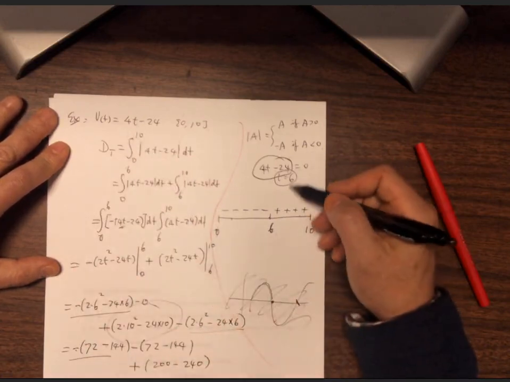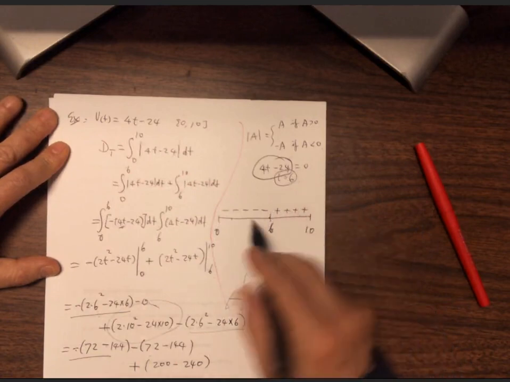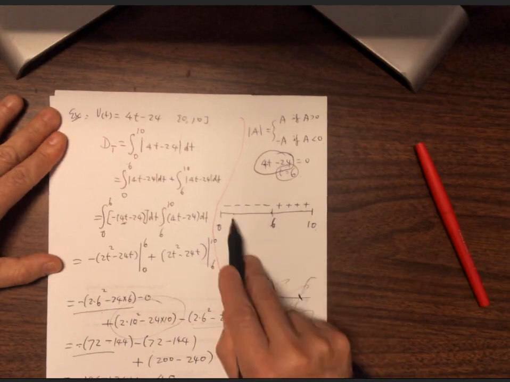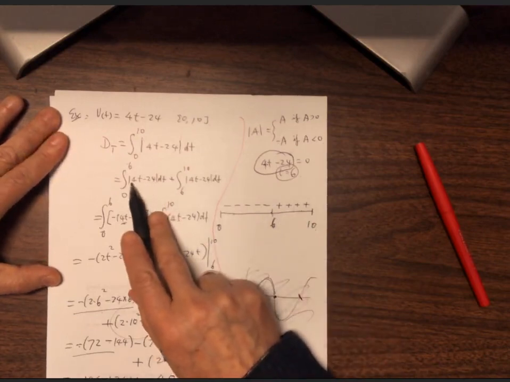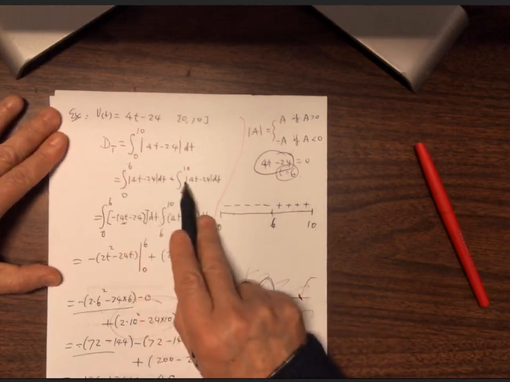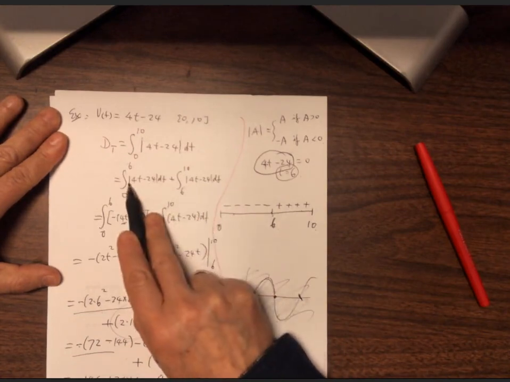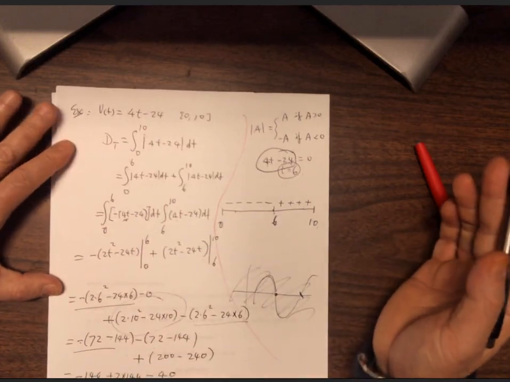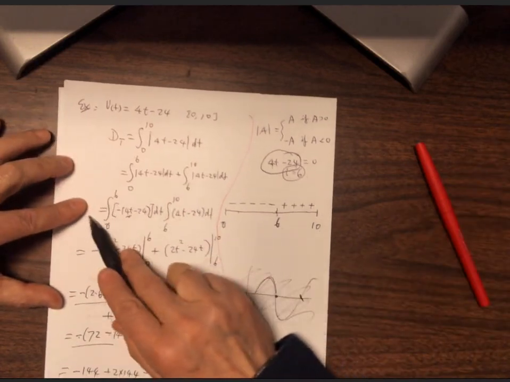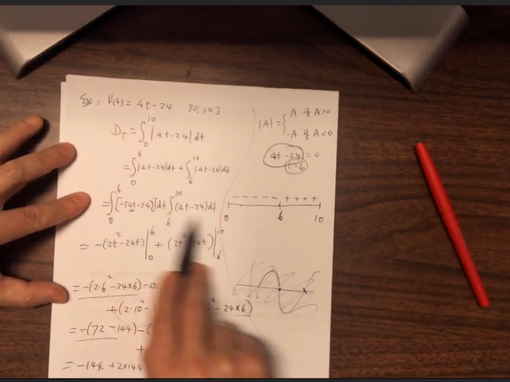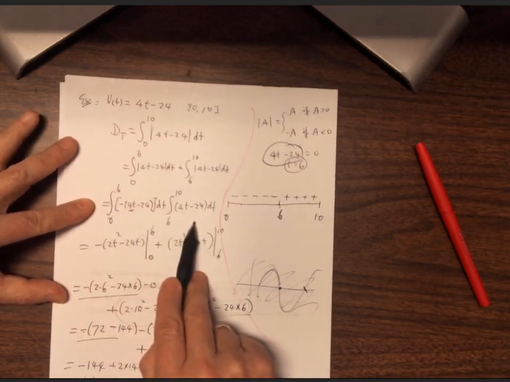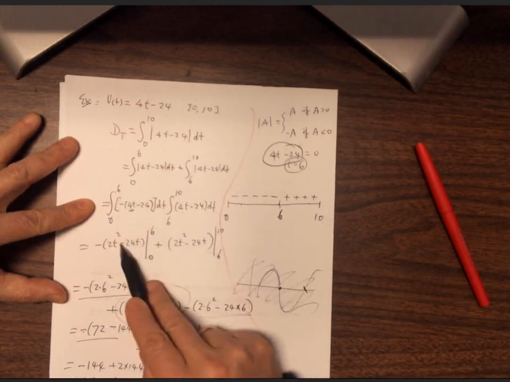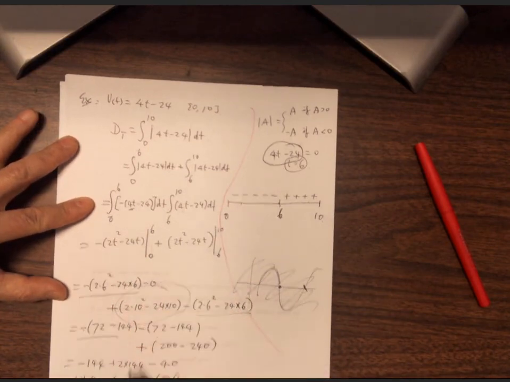Simple algebra: you find where it's 0 first, then check the sign over each subinterval, so you know what to do with the absolute value signs, whether you can just throw them away or throw them away and put a negative sign in front. That's all it takes. From this point on, it's just a standard integration: find the antiderivative, plug in upper limit, plug in lower limit, and simplify.